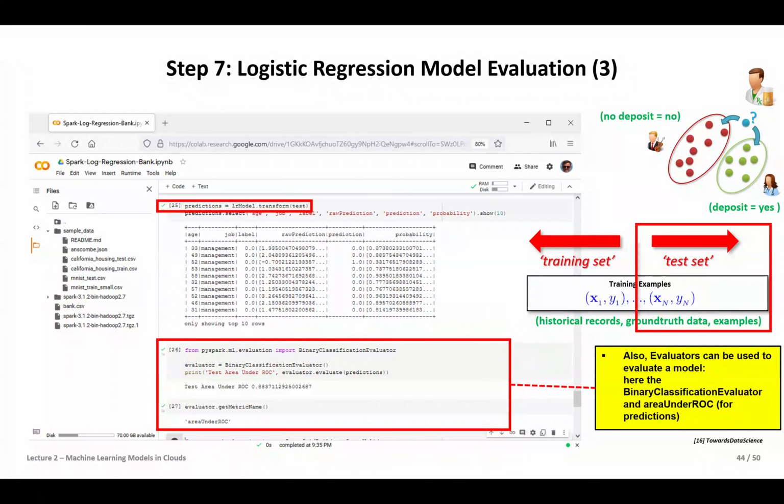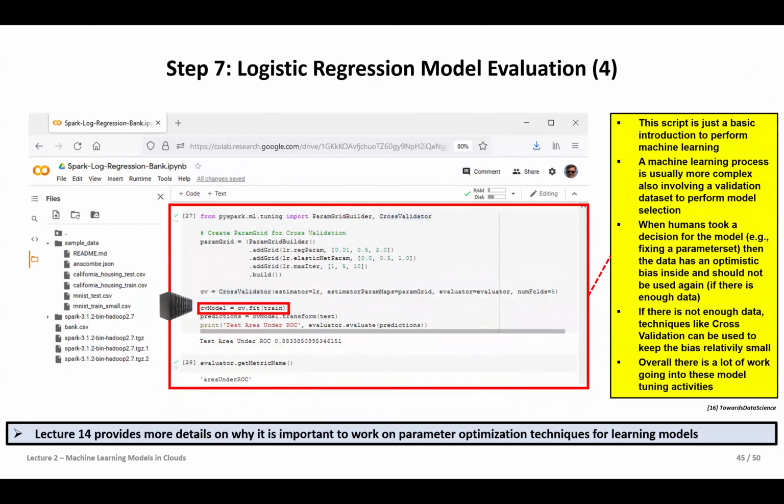By doing so, you will get an understanding of those people that actually have a deposit or not, as suggested here, and then you are ready for those that are not in the training or in the test set, right? So this would be getting future customers of the bank, right? That's why we do it, when the area under the ROC curve is good enough.